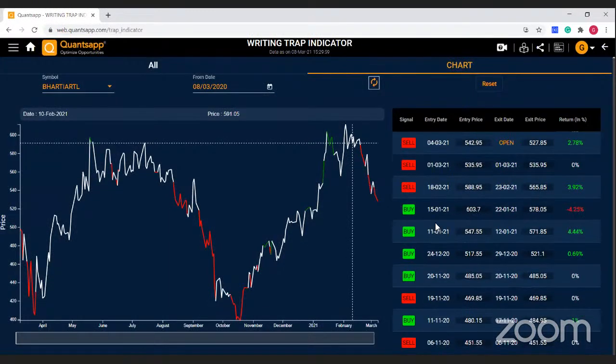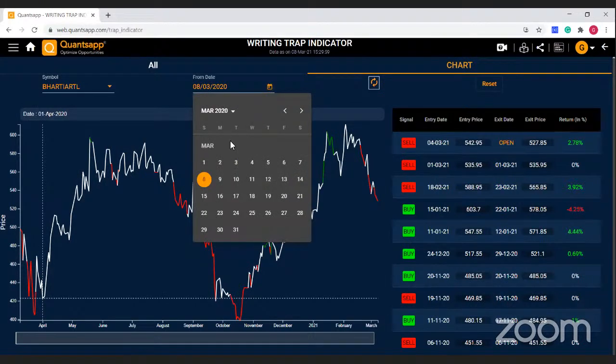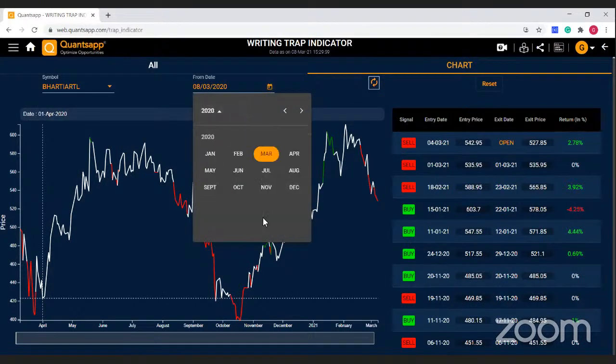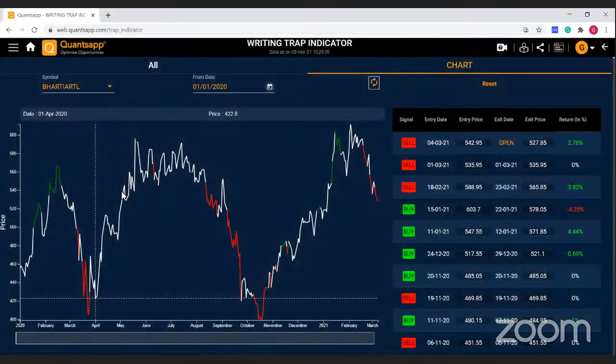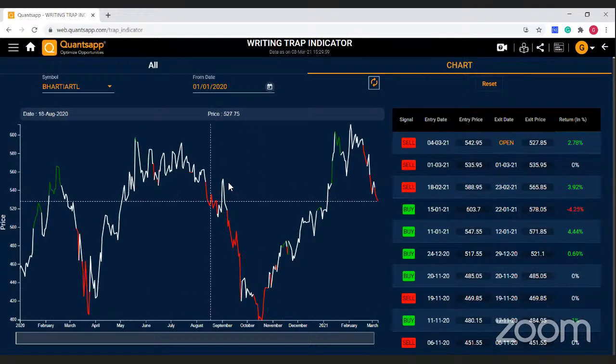Here we'll see the trap indicator from almost March 8, 2020. We'll increase our time frame, and take Jan 1st. So from Jan 1st till now, this is the price graph of Bharti Airtel, with time span and prices.